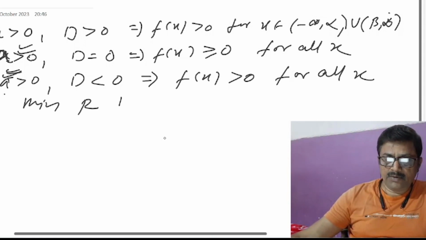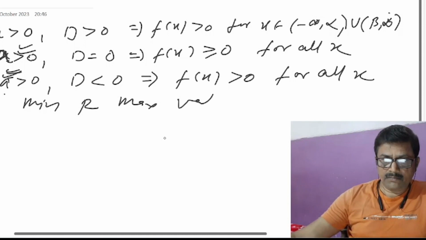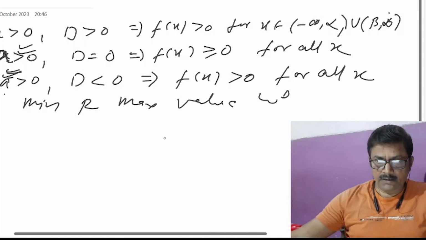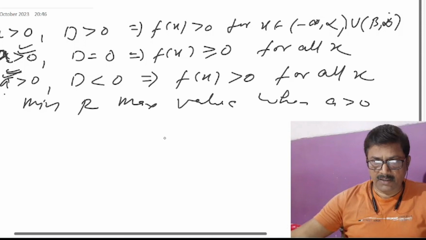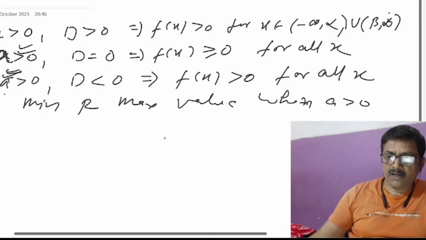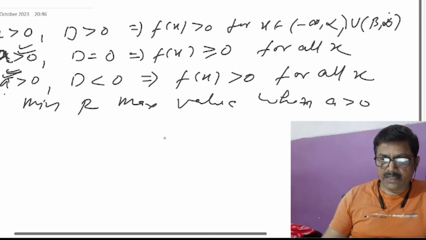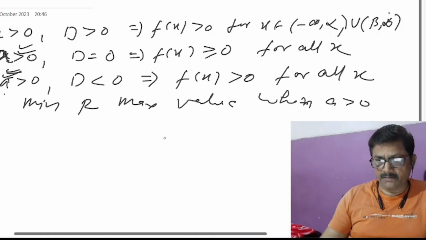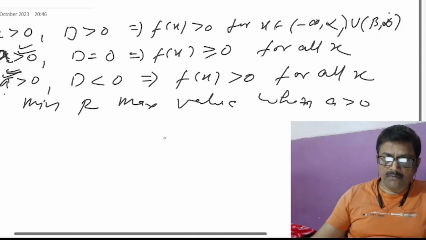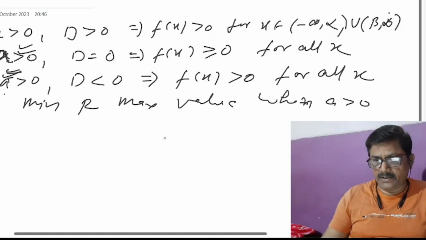Now what about minimum and maximum value when a is positive? So I am writing the conclusion here. You observed in your learning that when the discriminant was positive, the minimum value was minus D upon 4a.